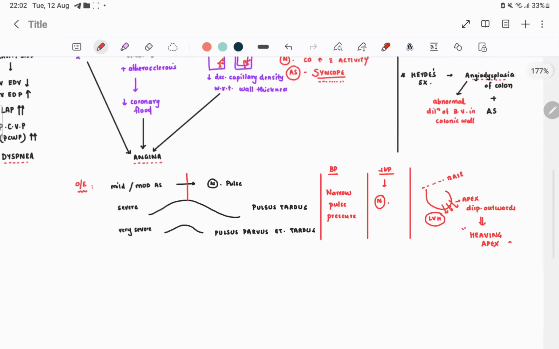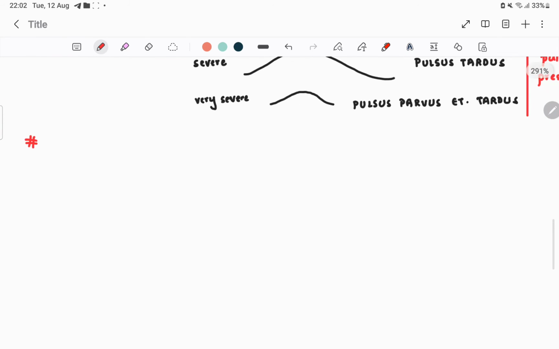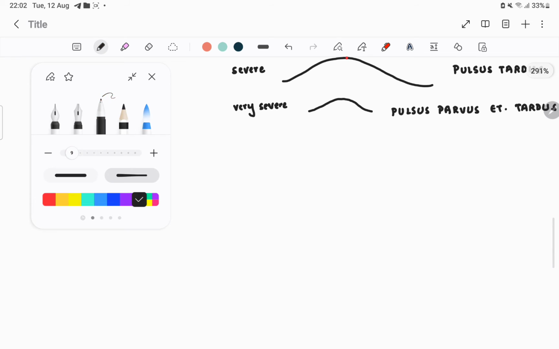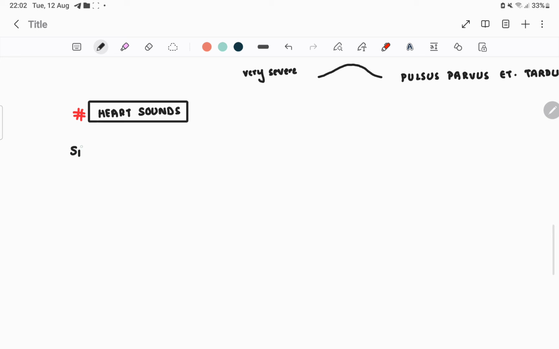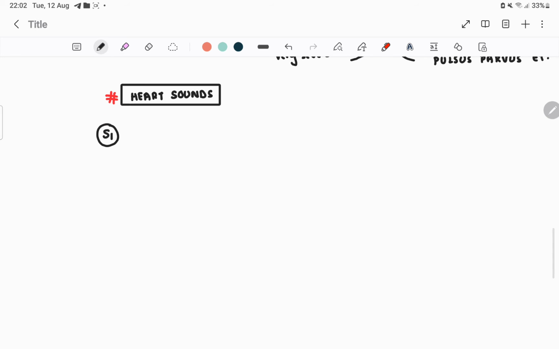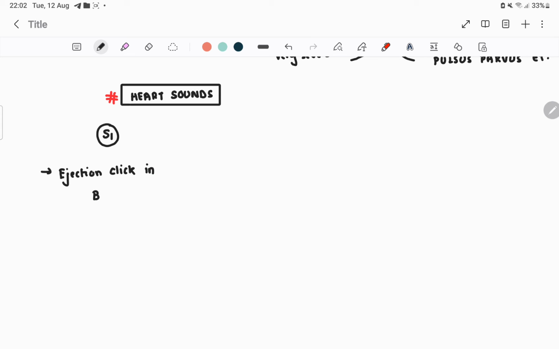Now let's go to the most conceptual topic of aortic stenosis, heart sounds. Look, there is a reason for everything. You have to see the reason. Let's talk about S1. We will see an ejection click. The ejection click will be heard in case of bicuspid aortic valve.